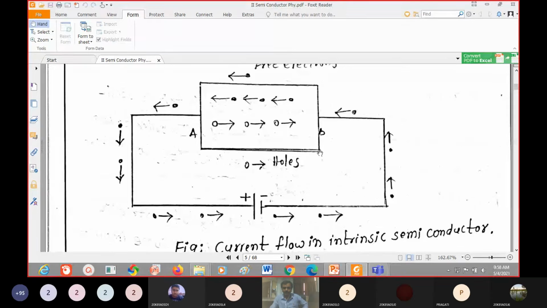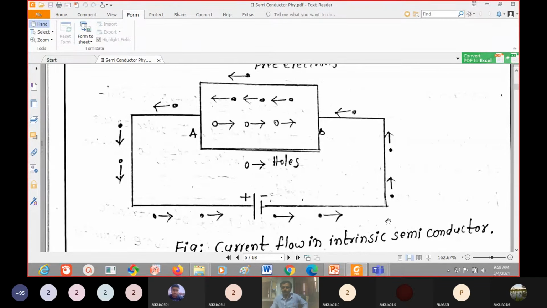At the B terminal, the holes recombine with the electrons. Due to the negative terminal, electrons are repelled in this direction, and current passes through the circuit.